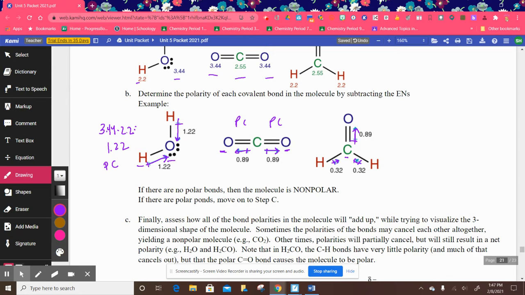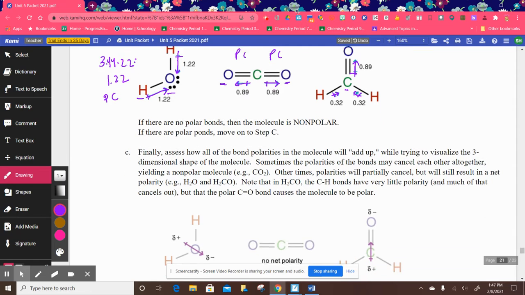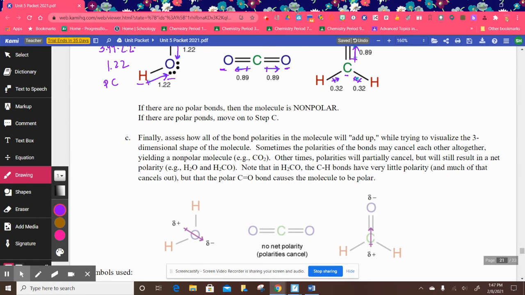So if we go down a little bit lower here, the CO2 molecule right here, since these have the same electronegativity values in opposite directions, these will cancel each other out. So CO2 is considered a non-polar molecule.